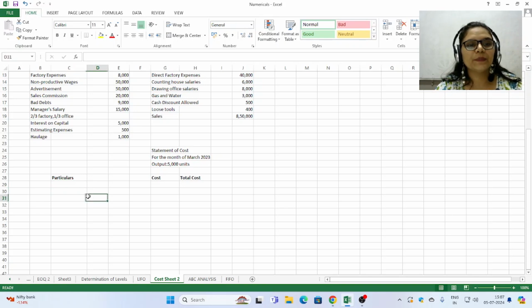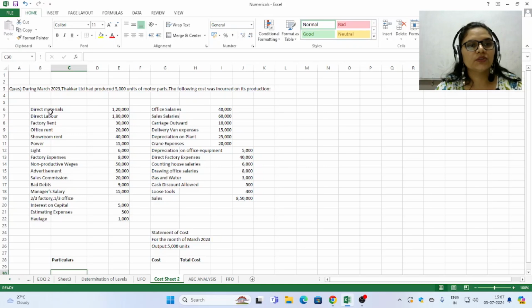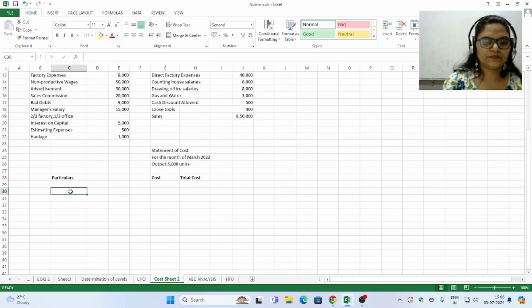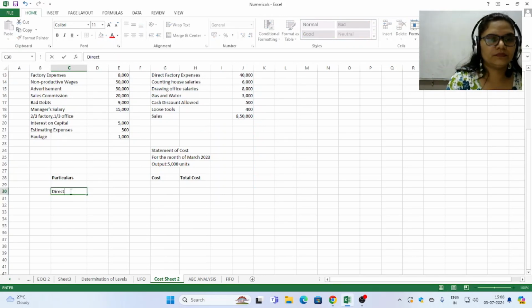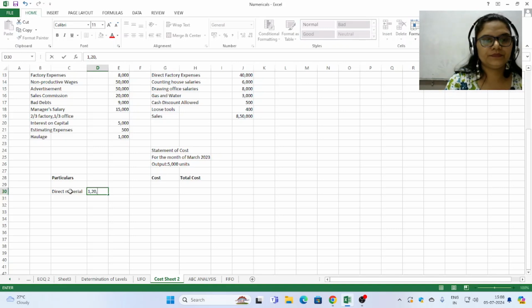And for calculating prime cost, we need to take all the direct expenses. So in the question, it is very clearly given direct materials, which is 1,20,000.